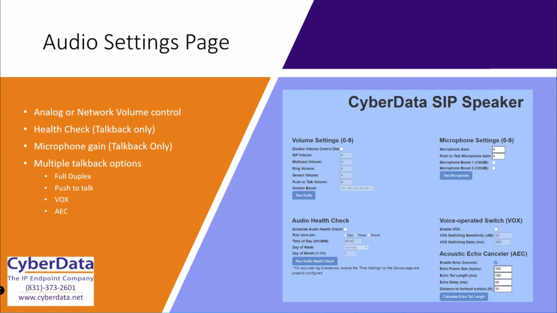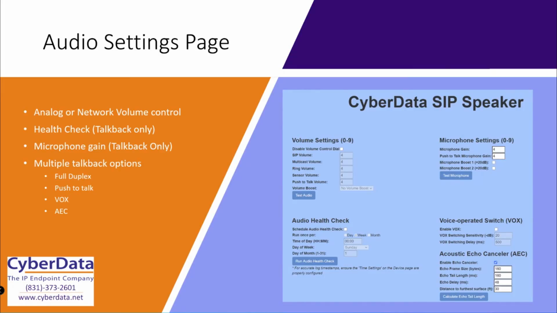So for push-to-talk, it's pretty simple. When you're on the phone side and you're talking, you don't need to press any buttons. But if you're around the speaker, you need to press the button to talk, push-to-talk. So if you're using one of these push-to-talk speakers, basically you don't press the button to listen, and when you want to talk, you press the button, and what that does is it turns the speaker off and turns the microphone on.